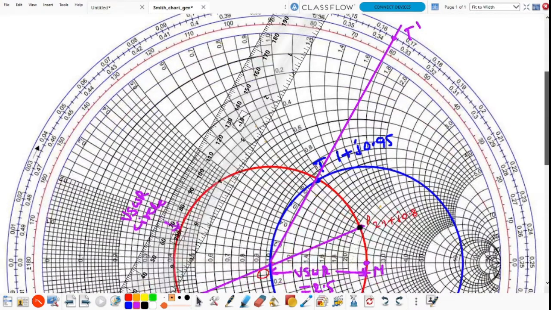The distance Q dash T dash, measured on the wavelength scale towards the generator, gives the location of the stub.